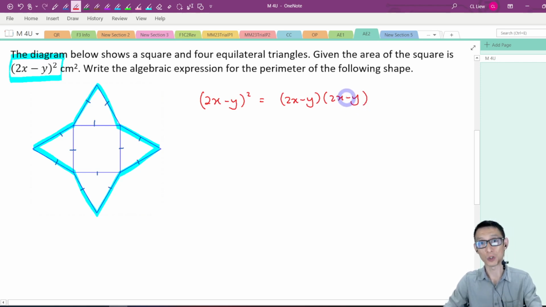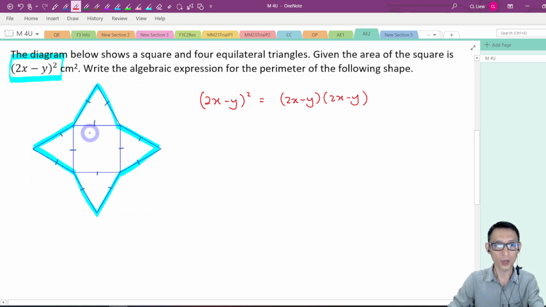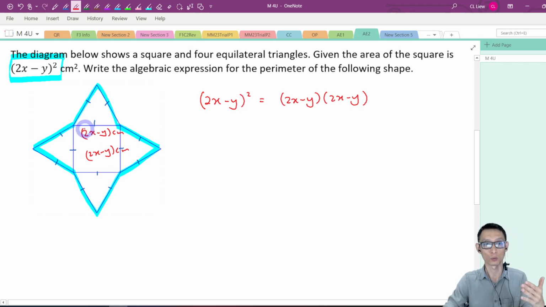Therefore, we know the side length of this square is 2x minus y centimeters, and here also 2x minus y centimeters. The area of this square is (2x minus y) squared, because we take this one times this one.